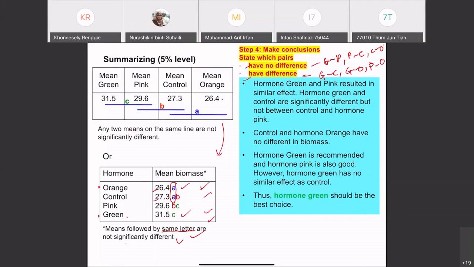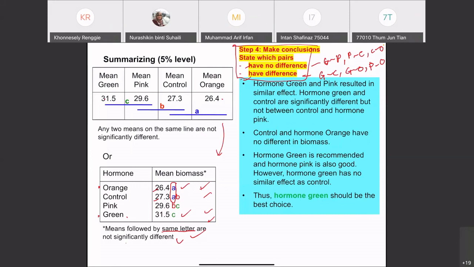But if you put this in the exam, in your workout, it is also fine, it means you understand. But what is important for me is that you know what you write here: which pairs do not have difference, which pairs have difference. That's why I am emphasizing this part. When you make a conclusion, you just state which pairs have difference and which pairs do not have difference. I hope you are clear with this.